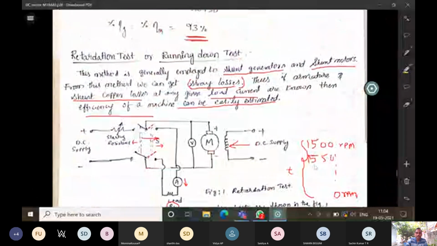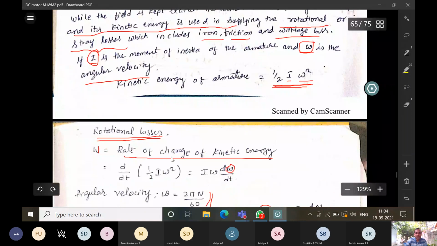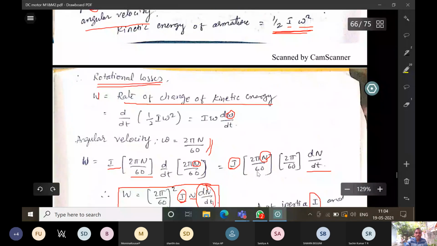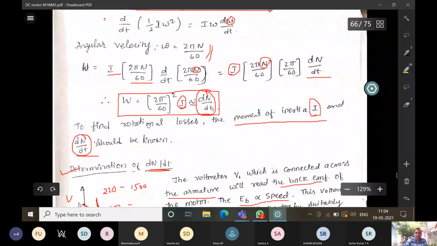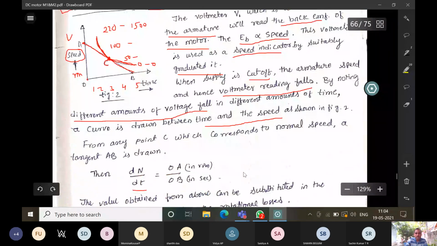In the retardation test, we are finding the kinetic energy. The rotational losses equal the rate of change of kinetic energy. We get one expression in which the moment of inertia and the change in speed are unknown quantities. So we need to find the change in speed, dn by dt, using this curve. Second is to find the moment of inertia.